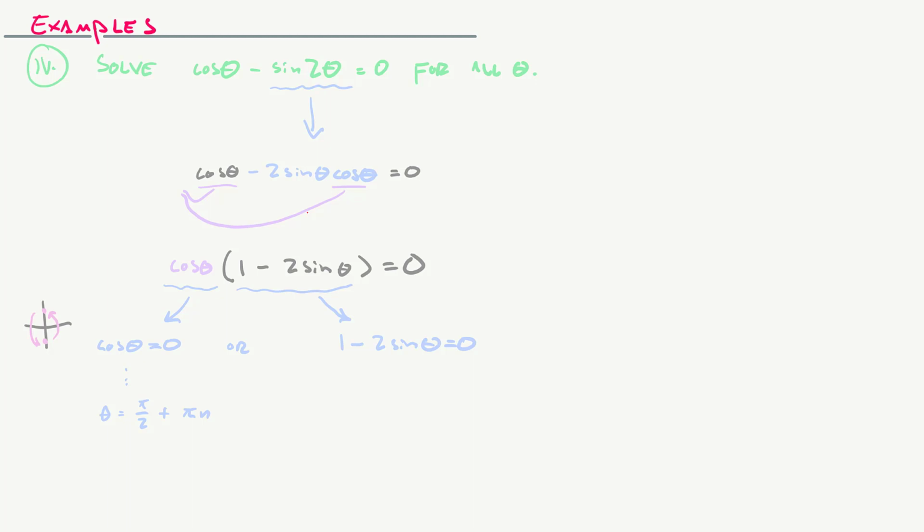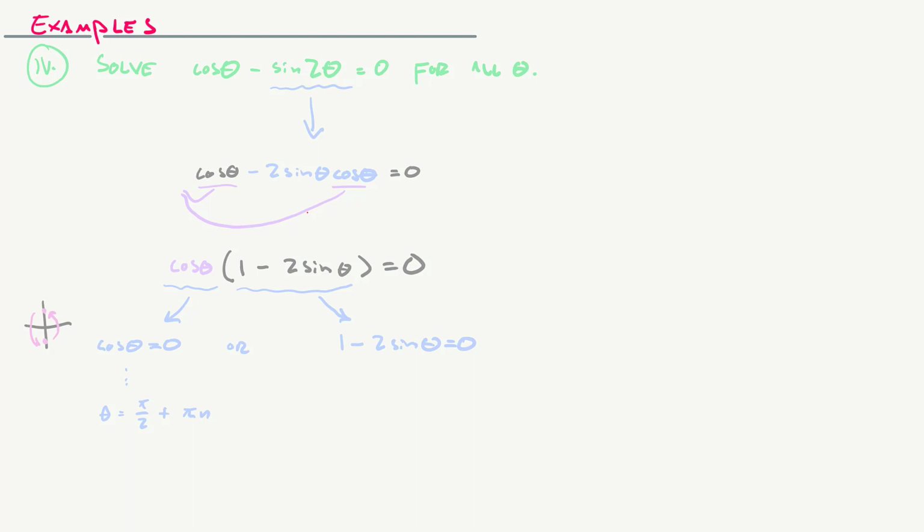That's really the only time that happens on the unit circle for cosine, or for sine, it could happen if it's on the x-axis. You can get away with just using a pi n. Okay, so our first generating solution is pi over 2 plus pi n, and we're done with that equation.